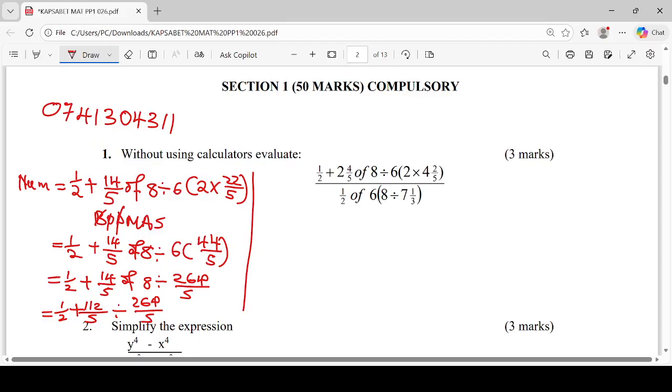So we are going to have this as a half plus, so this will be 112/5 multiplied by, the reciprocal will be 5/264. So this will become a half plus, now when you have 112/5 being multiplied by 5/264, that will become 14/33.